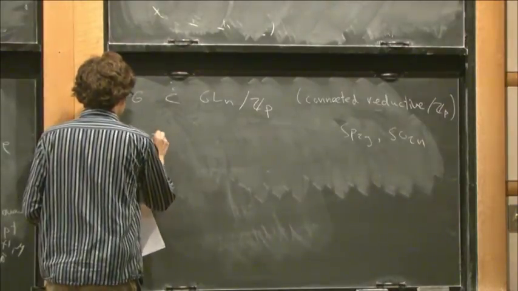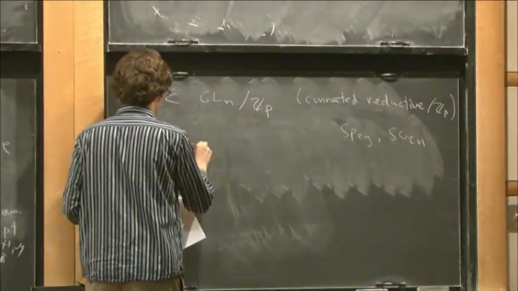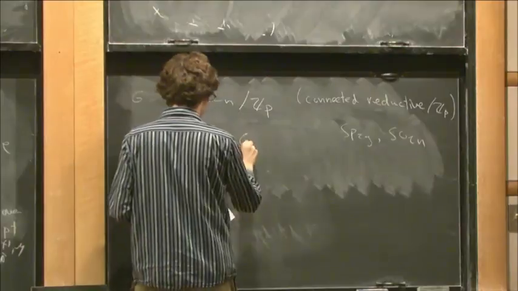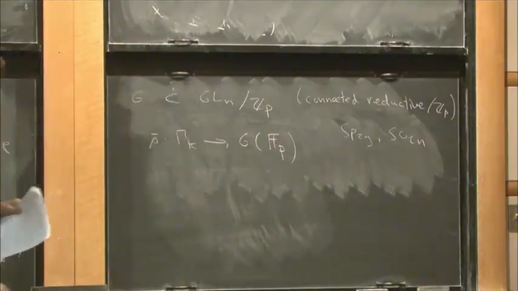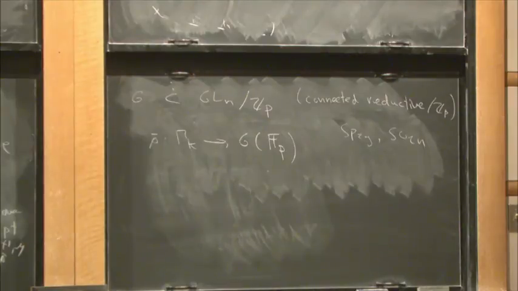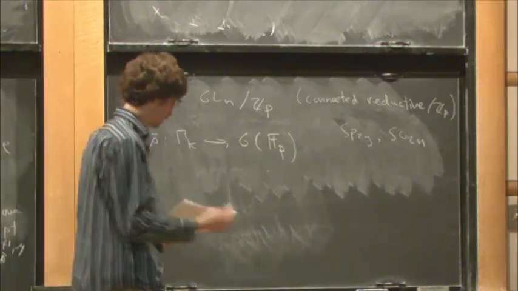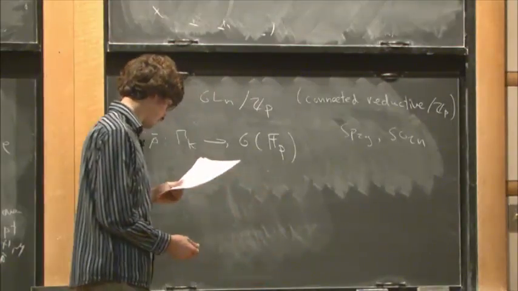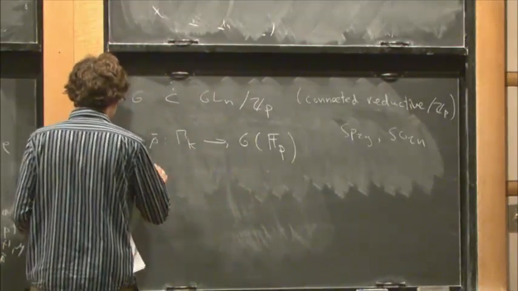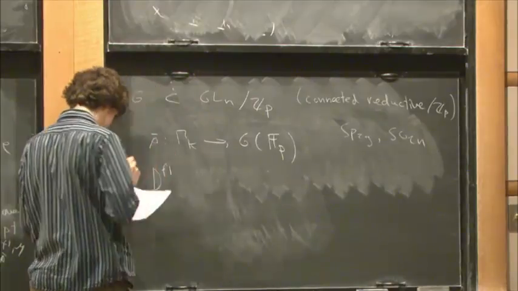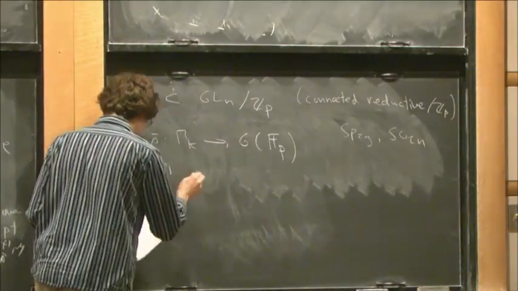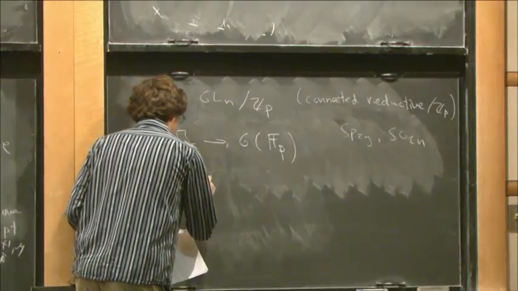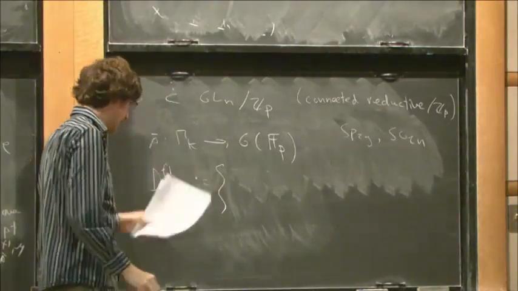And then let's fix a representation. Now let's have our rho bar be valued in the F_p points of our group. So it can be some representation which fixes some polarization, for example. And then we can define the G-flat deformation problem. So what is that?